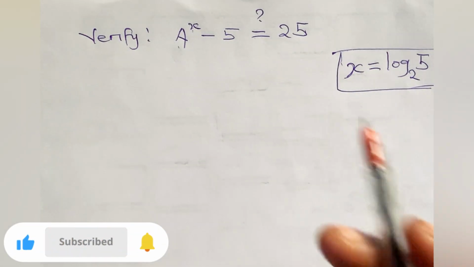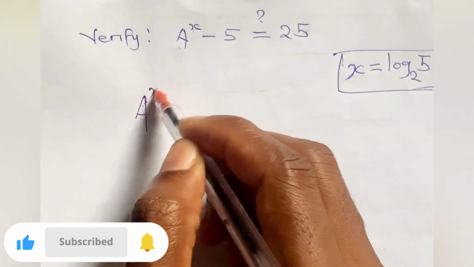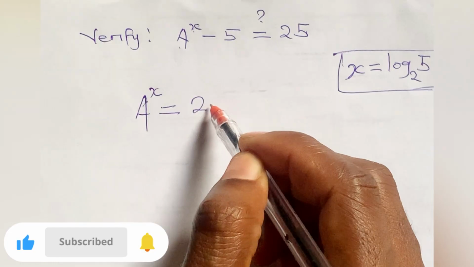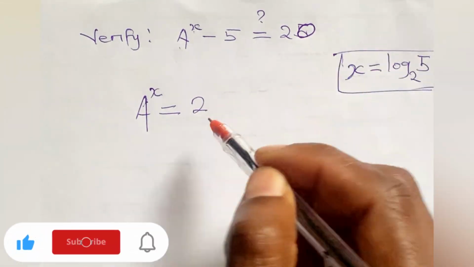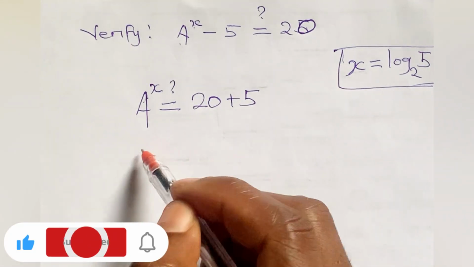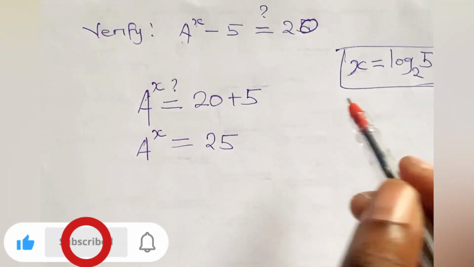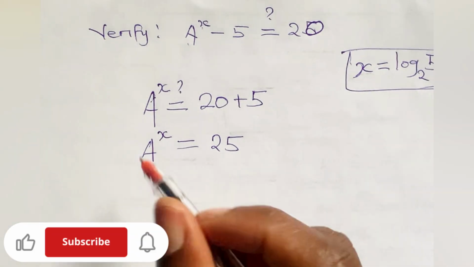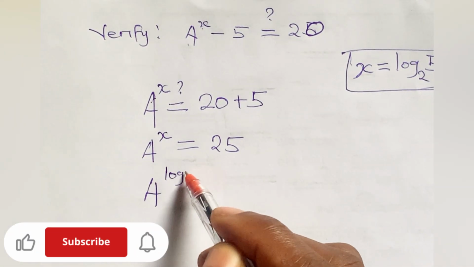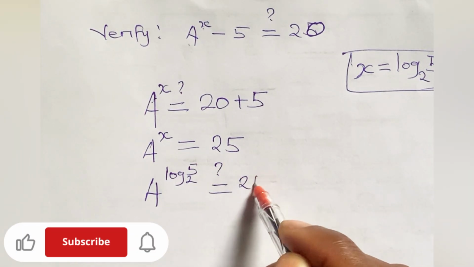Now let's plug in. We have 4 to the power of x is equal to 20 plus 5, so 4 to the power of x is equal to 25. Let's plug in our value of x. So we have 4 to the power of log 5 base 2. Is it equal to 25?